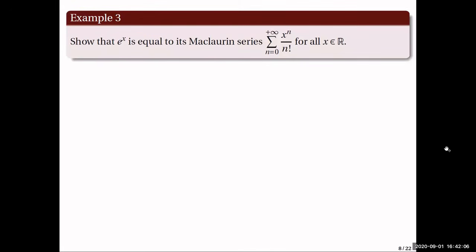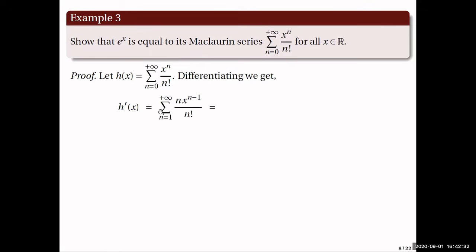In the previous example, we found the Maclaurin series for e to the x. This time, let's show that e to the x is equal to its Maclaurin series for all real numbers x. For the proof, let's take this power series to be our h of x. Differentiating h with respect to x, we get h prime of x equals the summation from n equals 1 to positive infinity of n times x to the n minus 1 over n factorial.